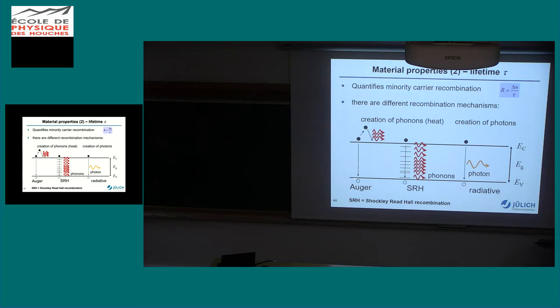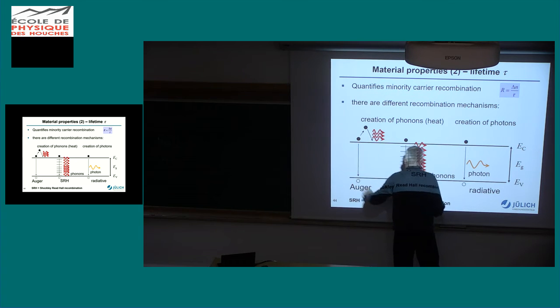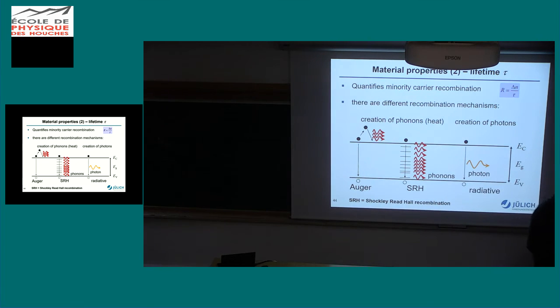Here in Auger, the drawing is maybe a bit off. There is essentially an electron missing. What you have is two. In the beginning, you have two electrons. The one that wants to recombine with the hole, that's okay, there is a good opportunity to get back home in the valence band. But how to get rid of my energy? So I give the excess energy that I'm losing here to another electron, and that other electron goes high in the conduction band.